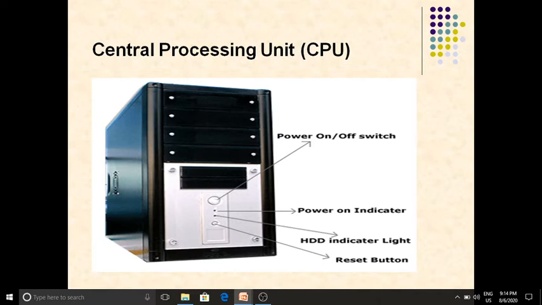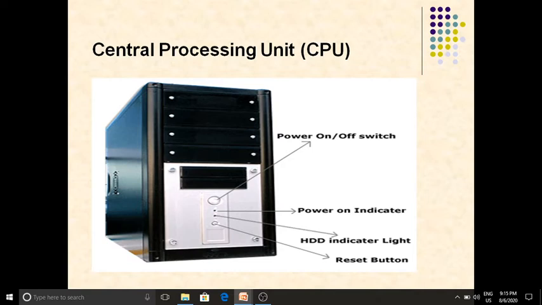Okay students, you can see in the picture in this slide, this is the power on off switch. Then you have a power on indicator. You have two indicators here. Whenever the power is on you can see a light, and the hard disk drive indicator light will be blinking.